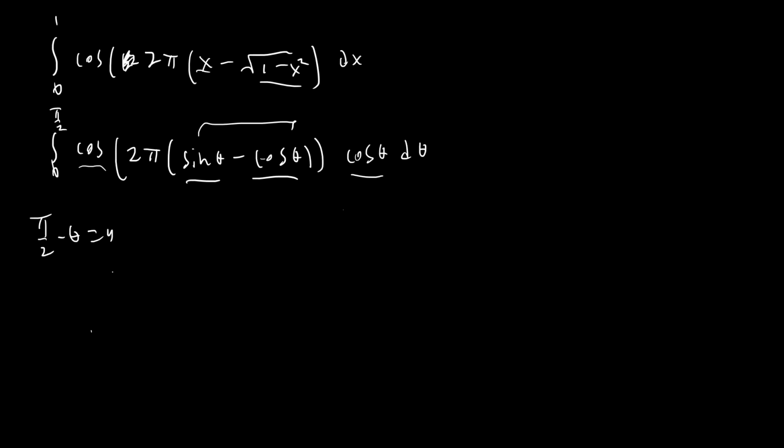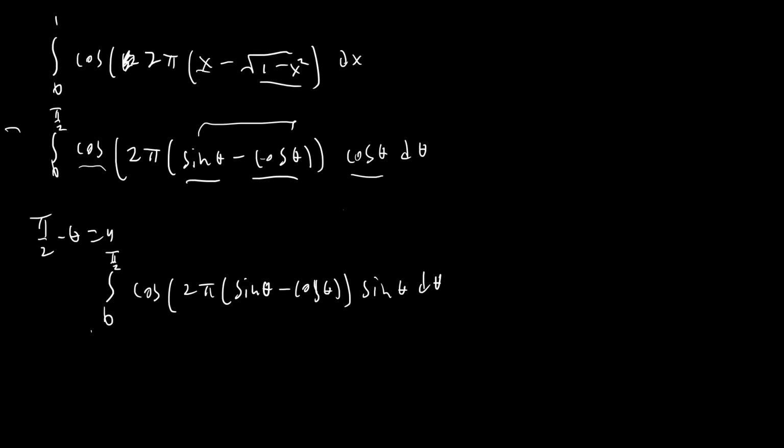So we're going to end up with integral from 0 to pi over 2 cosine of 2 pi times sine, I'm just going to rename the variable back to theta, minus cosine theta. And then instead of multiplying by cosine theta, since we substituted u equals pi over 2 minus theta, we're going to get sine theta d theta.